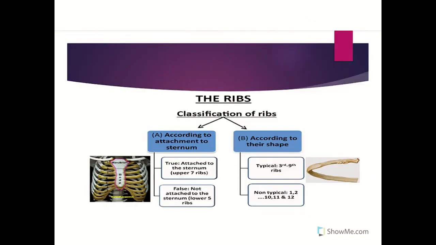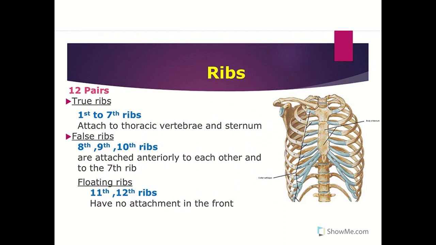We classify the ribs in two ways: according to the attachment of the rib to the sternum, and also according to the shape of the rib itself. So how can we classify the ribs according to the attachment to the sternum? We have true ribs, false ribs and floating ribs.